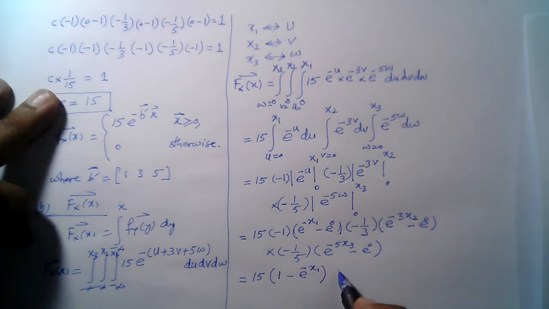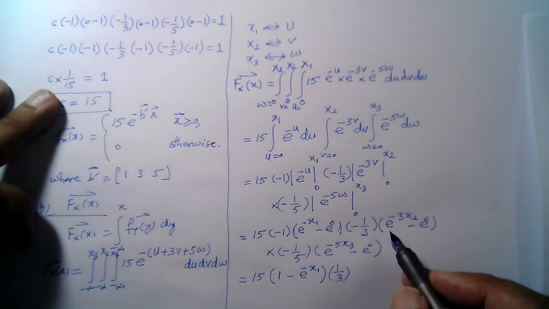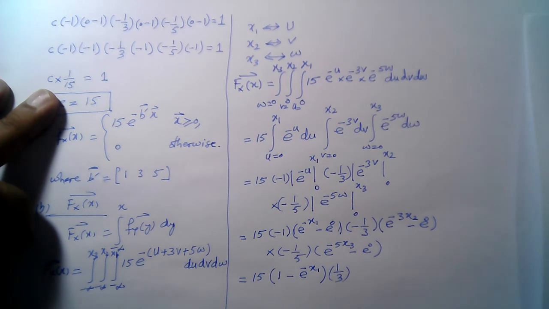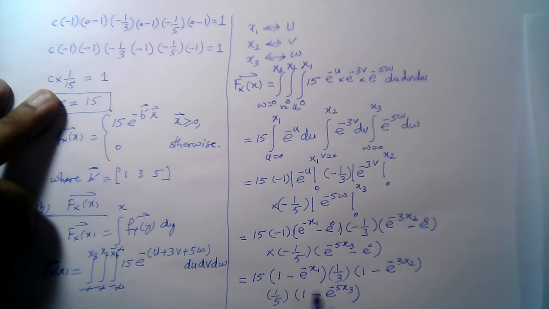So likewise, we can take this negative 1 inside here, right? So this will be 1 minus e raised to power minus 3x2, and here also this will be 1 over 5, and this will be 1 minus e raised to power minus 5x3 here, right? So this is 1 over 3 and 1 over 5.